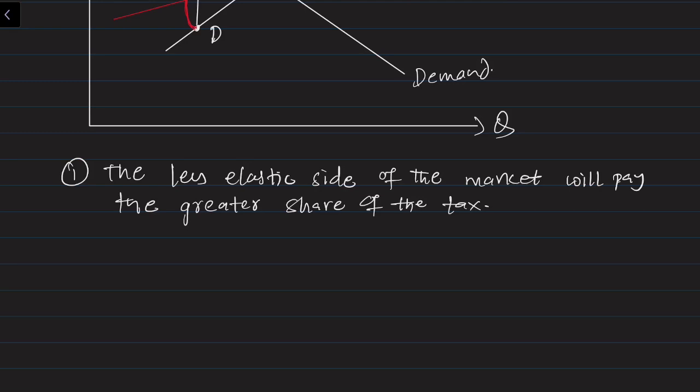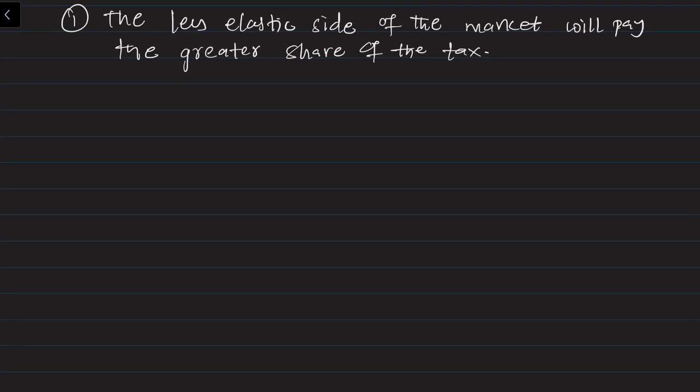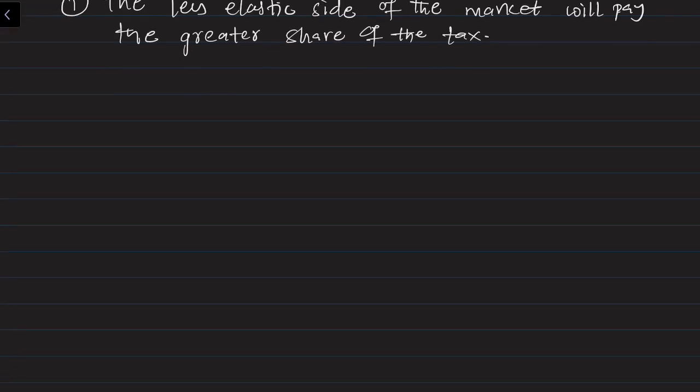Now, let me give you a formula which will help you to calculate the percentage tax burden on buyers or sellers. So the percentage tax burden on buyers: to calculate this, we have a formula.